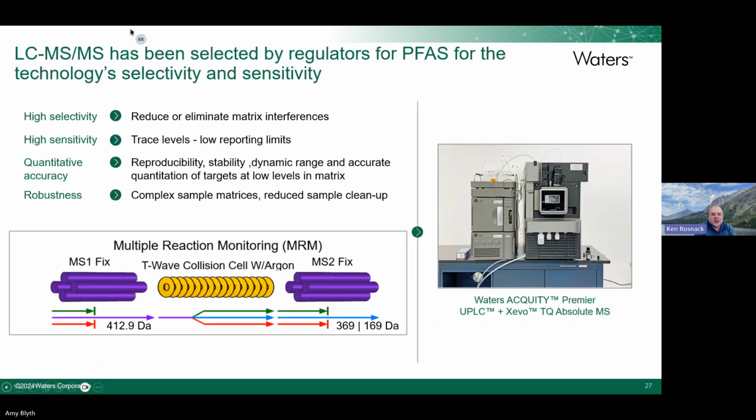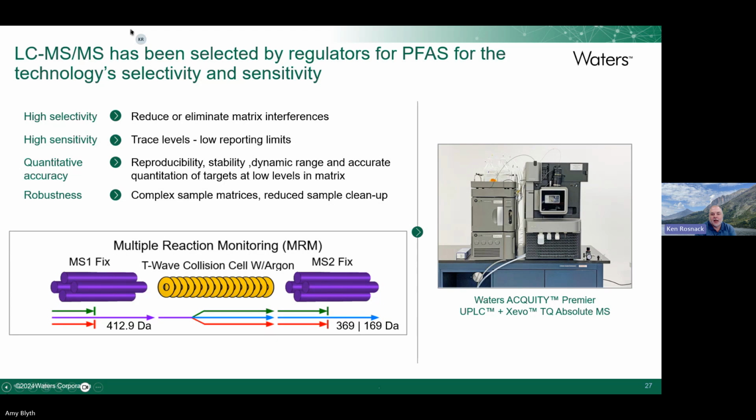And so now everybody's mass spec knowledge is nearly up to date. We run the mass spec in what's called multiple reaction monitoring, MRM. This allows for high selectivity because the way we run it helps to reduce and eliminate interferences, high sensitivity because we're spending time on only one compound, and accuracy and robustness as well.